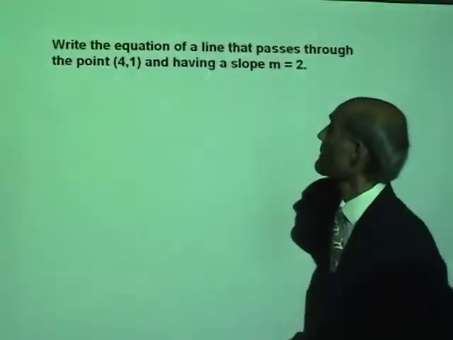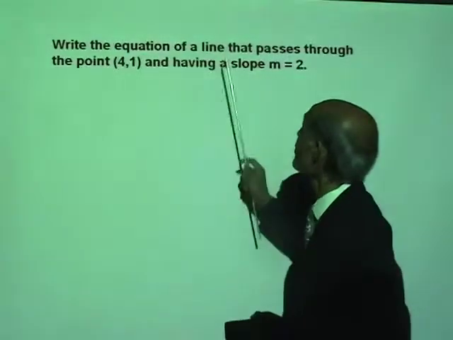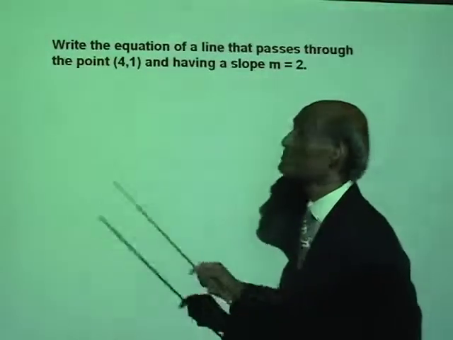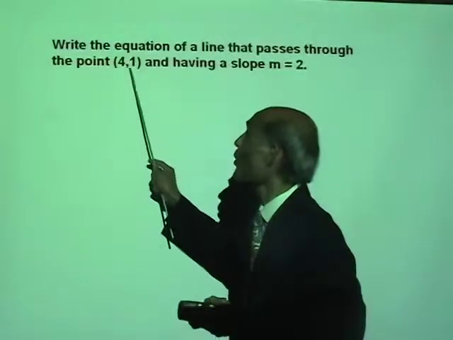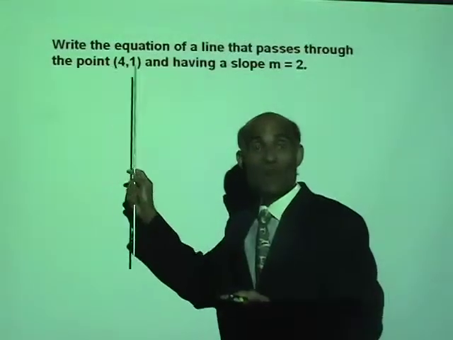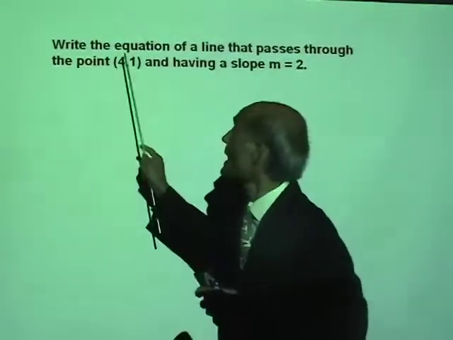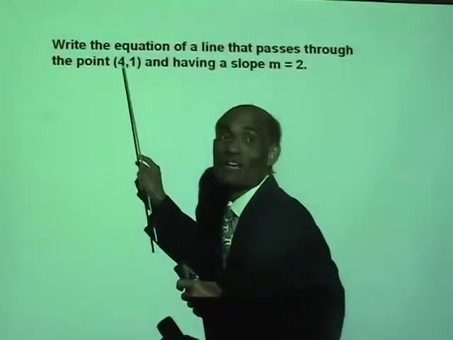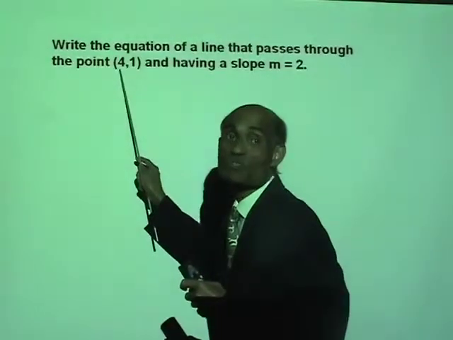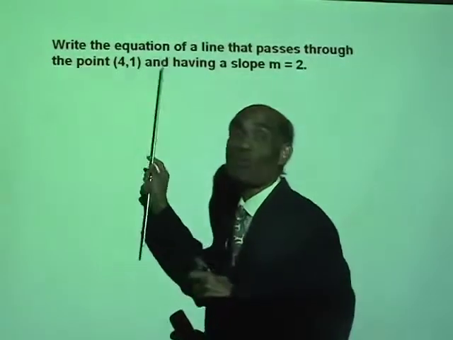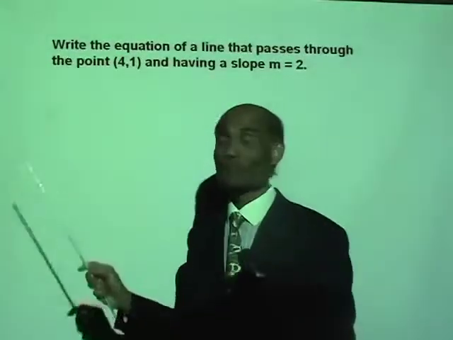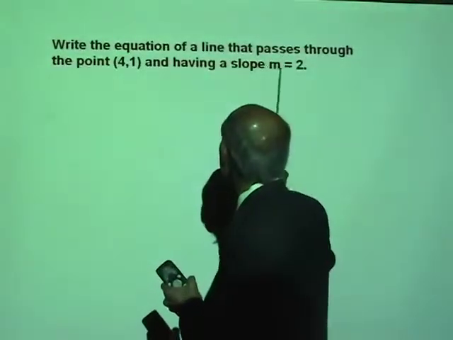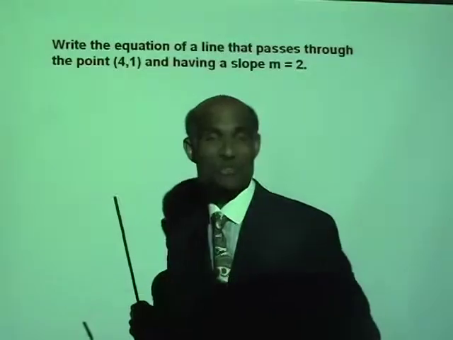Okay, let's do an example. Write the equation of a line that passes through the point (4, 1). You see, you are given a point (x1, y1). The value of x1 is 4, the value of y1 is 1. And having a slope m equal to 2.